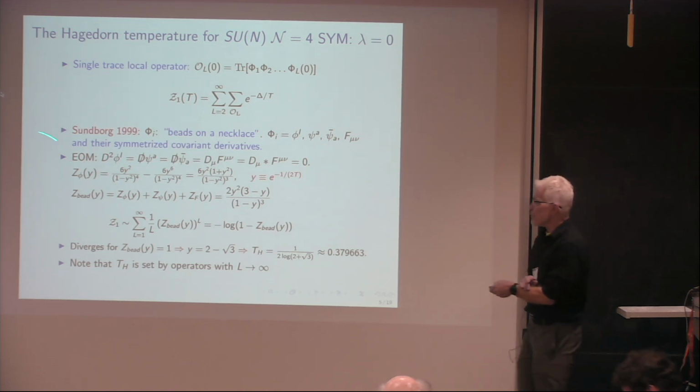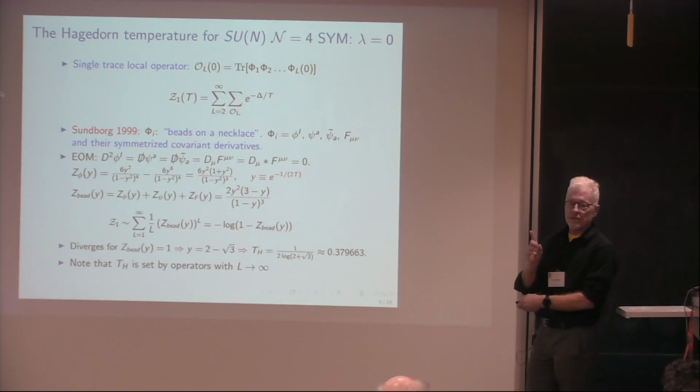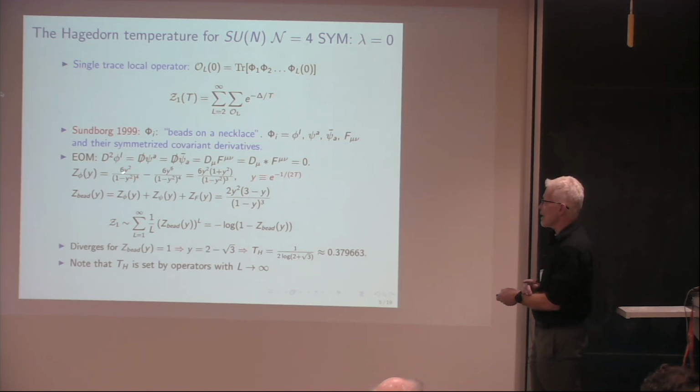And so, for example, if we compute the partition function for a single bead, we would count the possible number, so for the scalars there's 6 possible different scalar fields, weighted by y squared, where y is defined by e to the minus 1 over 2T.